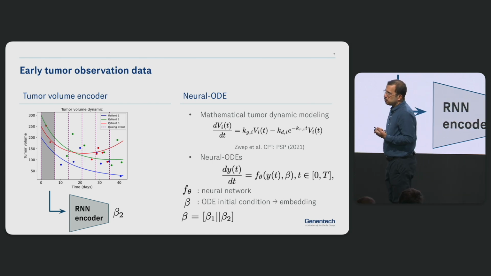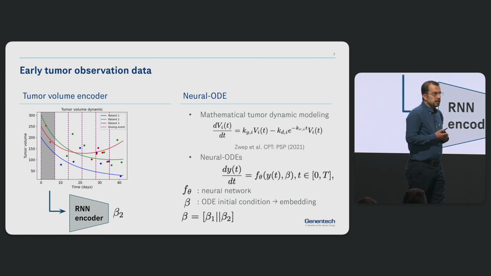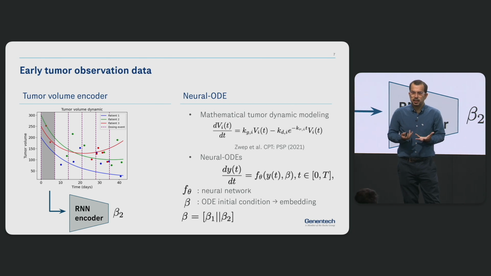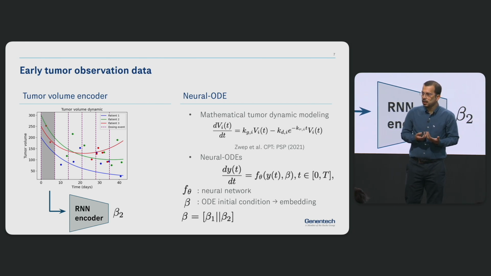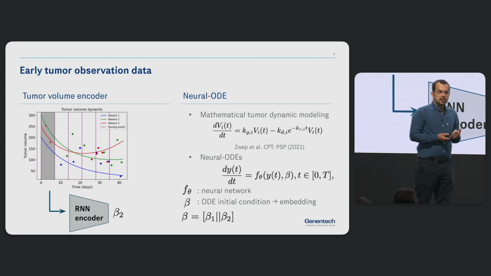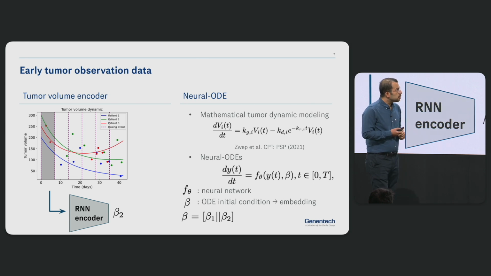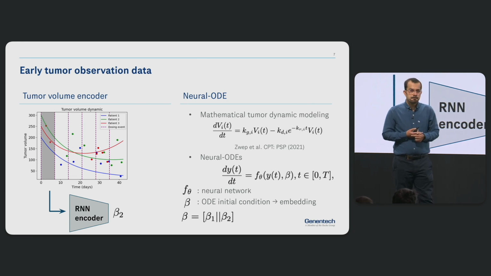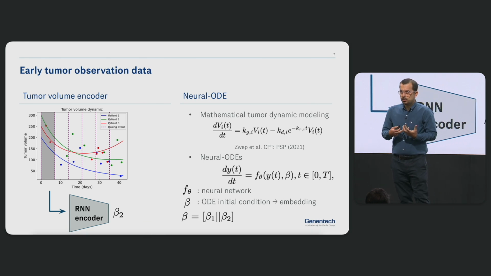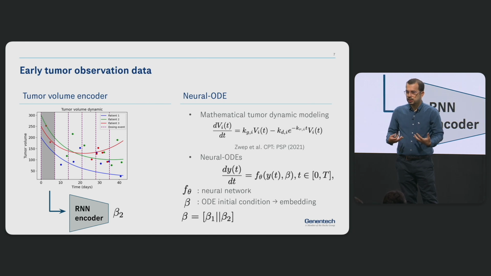But you may wonder why we use Neural-ODE. In oncology, there have been very established studies of mathematical modeling of tumor dynamics, and most of them are based on ODE systems. For instance, this equation I have on top is from Zhu et al., recently published in CPT. They are able to a very good extent to capture the trend in the tumor dynamics.